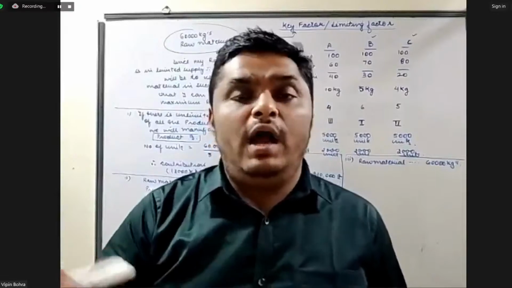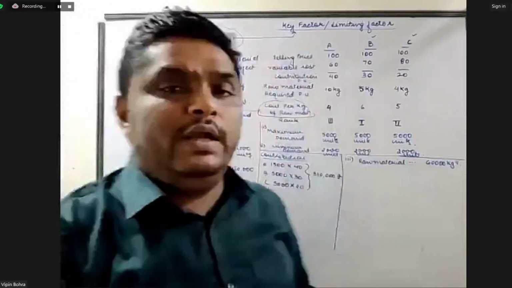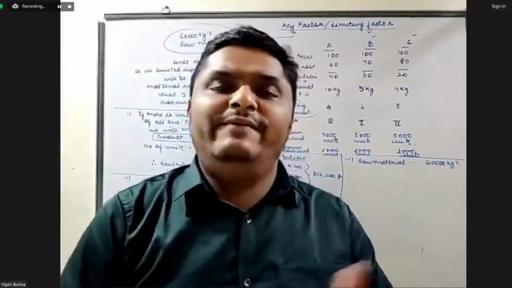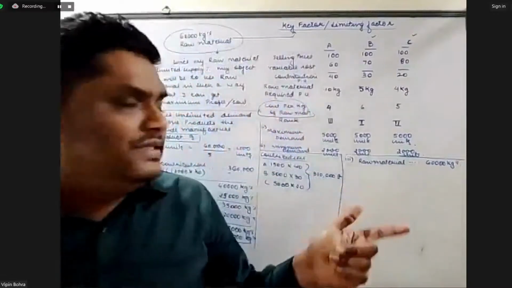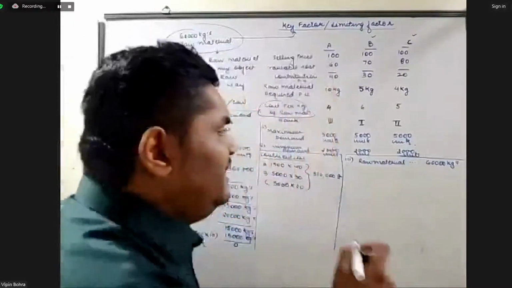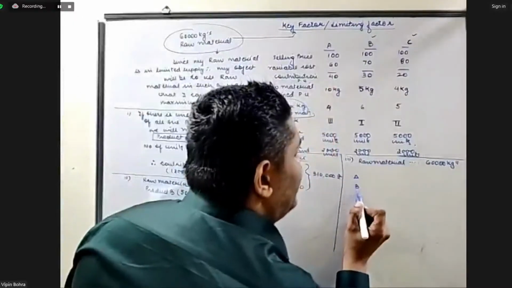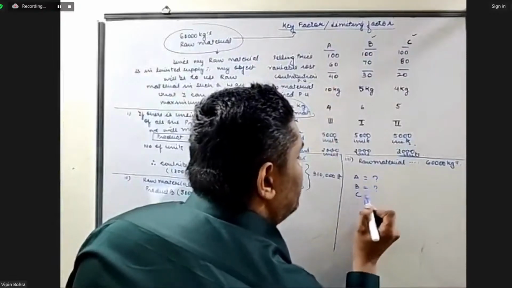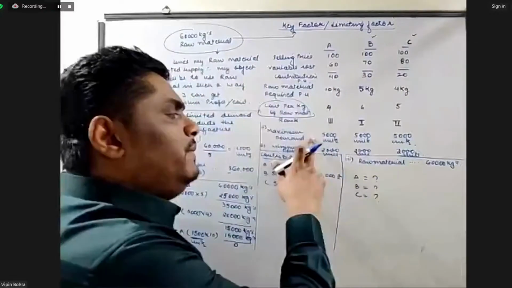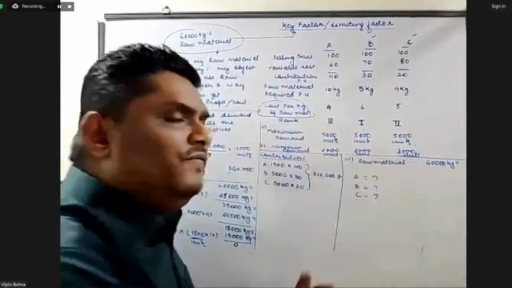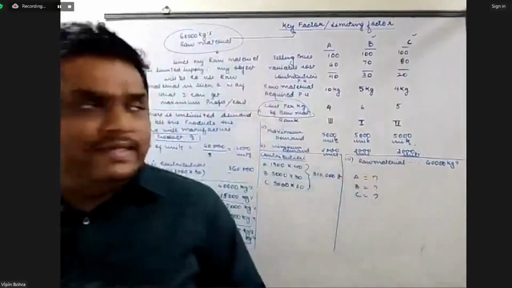Can you guys tell me how much quantity I should manufacture of product A, B, and C? Let's try, then I will discuss. I want you guys to tell me how much quantity I should manufacture of product A, B, and C if there is a maximum demand of 5,000 and minimum demand of 2,000. Waiting for your answers, guys.